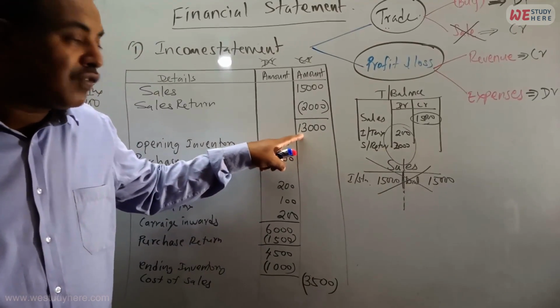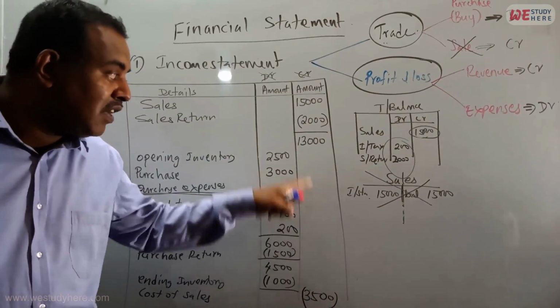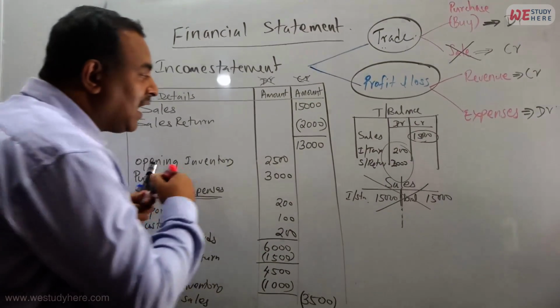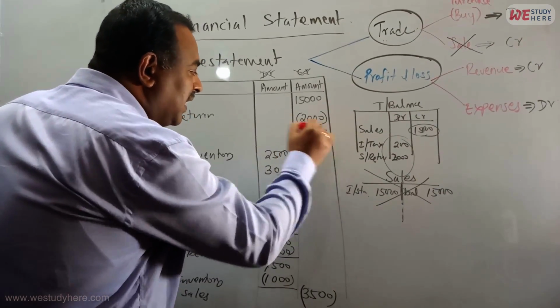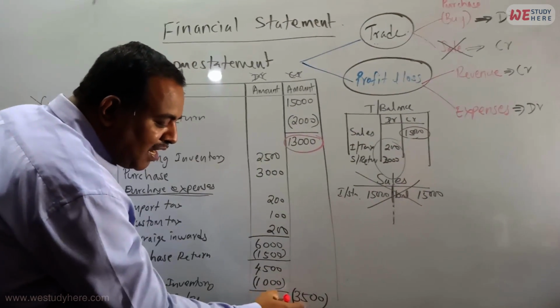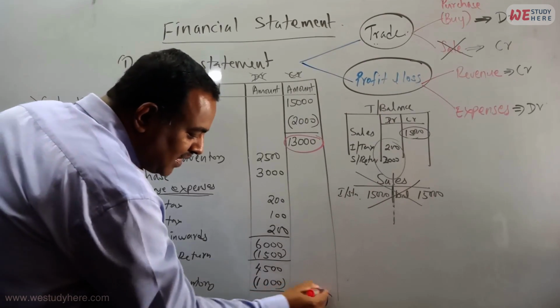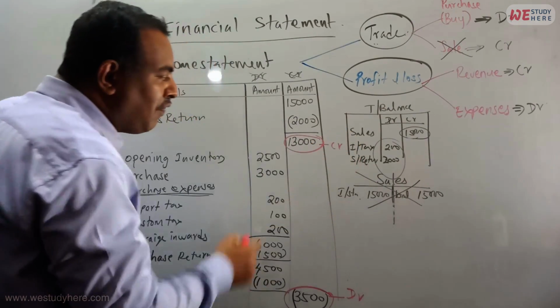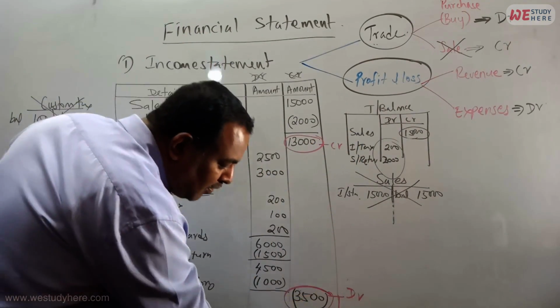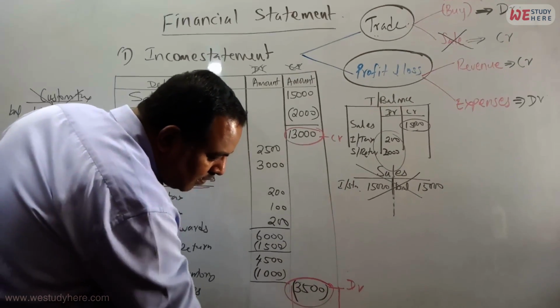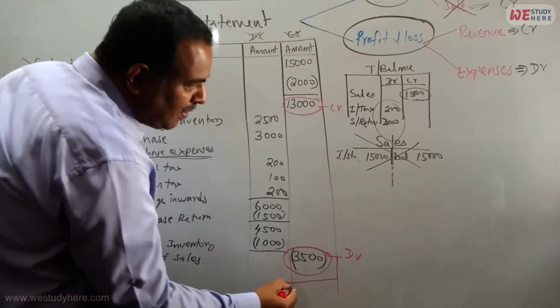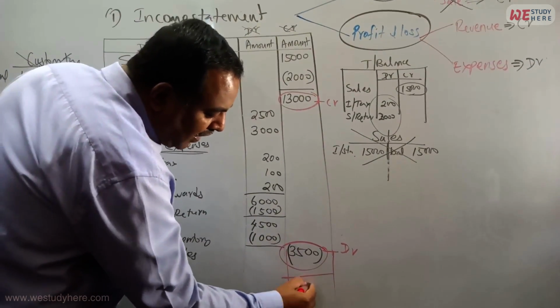We sold the goods for 13,000. How much is the difference between these two? This one is basically a credit balance, on the credit side. This one in brackets means it should be here. No, that is a debit balance. This is a debit balance, this is a credit balance. The difference between these two, how much now? 13,000 minus 3,500. How much is that? 9,500.